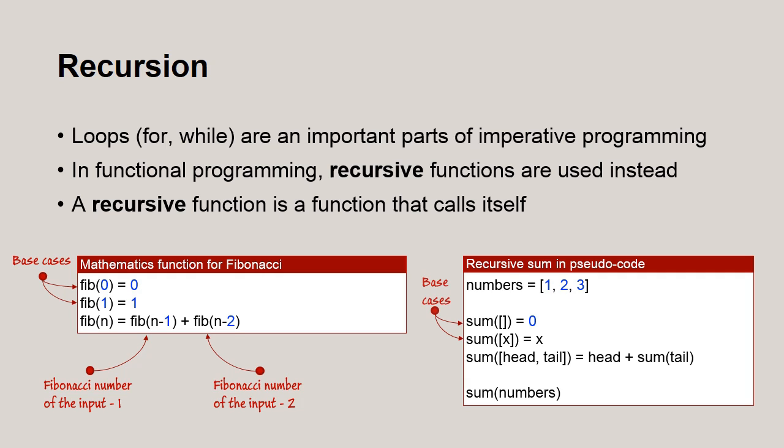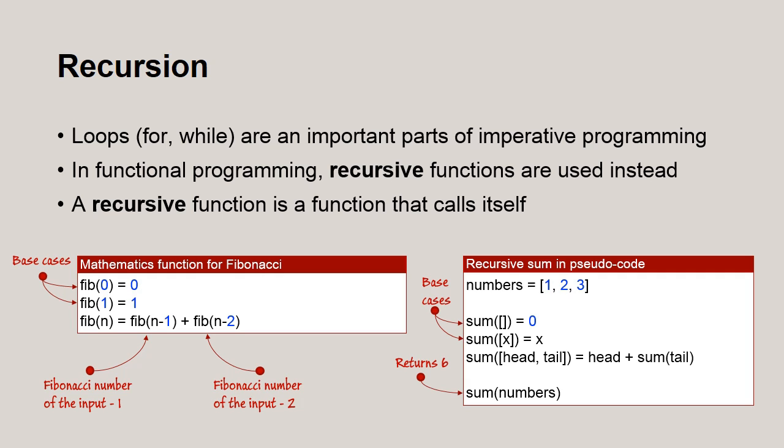For example, calling sum of the empty set returns 0 because there's nothing to sum, and calling sum 3 returns 3 because the sum of all the values in the array is 3. There's only one value in the array, 3.